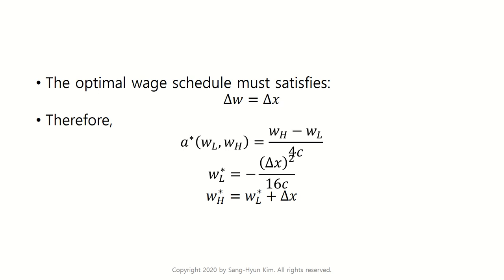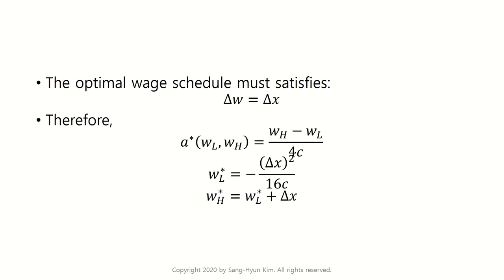In the previous slide, we saw that the binding IR constraint requires that WL equals minus delta W squared over 16c, but what we just derived is that delta W must be the same as delta X, so instead of delta W, we put delta X. And WH star is WL plus delta X, and this is what we just derived, right?